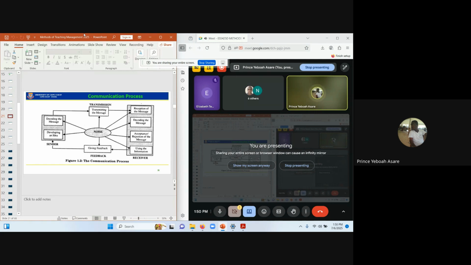So we said that the sender develops an idea. In the classroom, the teacher is always developing ideas and thoughts that will be communicated to the student.